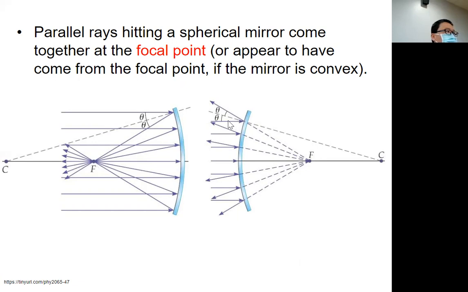Similarly, for a convex mirror, you can also prove from the geometry. When you apply the law of reflection, these 2 angles are the same, so this should be the angle theta, and this should also be the angle theta. So this length is the same as this one, which is the focal length. So twice the focal length is equal to r.